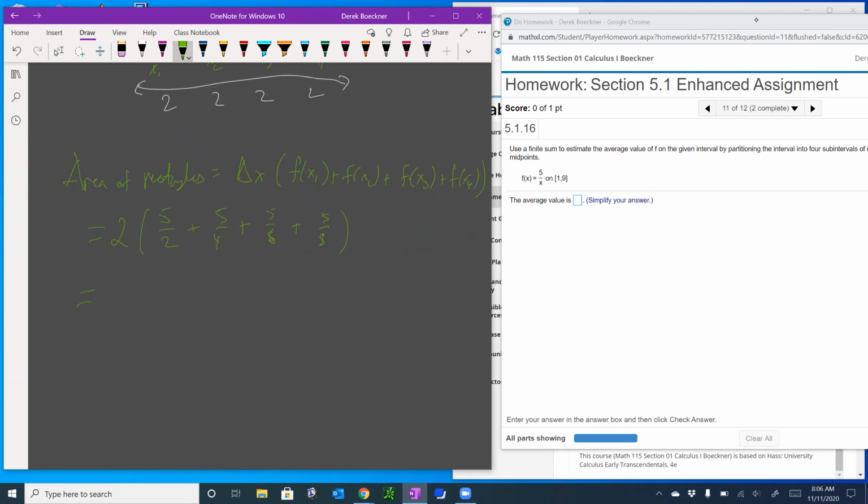Multiplied by 2, 5 plus 5 halves plus 5 thirds plus 5 fourths. So that's all twelfths. So that's 60 twelfths plus, in twelfths, that's 30 twelfths, and in twelfths, that's 50. Sorry, that's not 30.